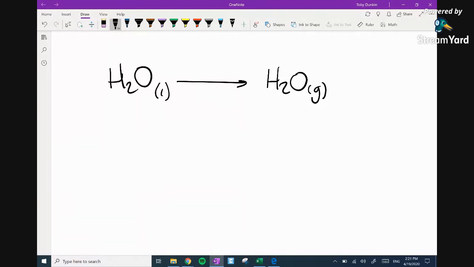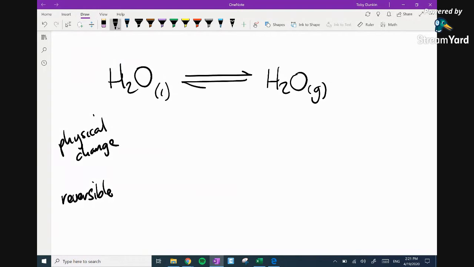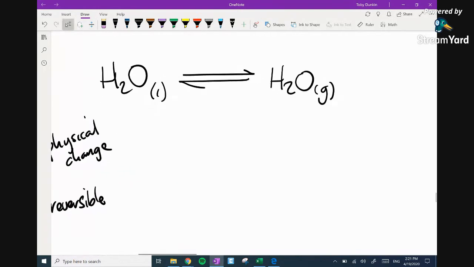But we also know that the process is a physical change. It is a physical change. That's Key Stage 3, Year 7. And it is also reversible. That's also Year 7. What that means is the arrow is wrong. The arrow is wrong. Right. Yes. So, yes. Thank you.